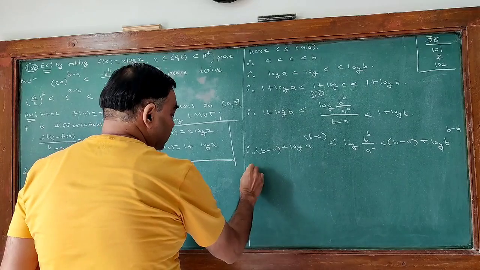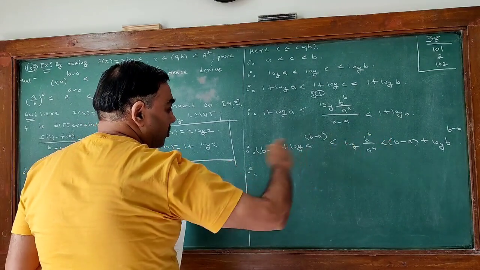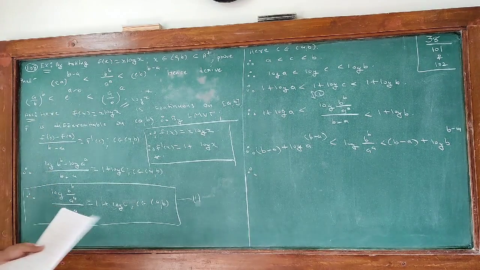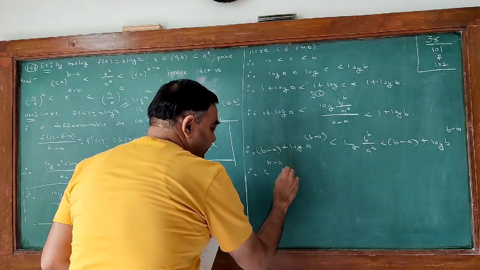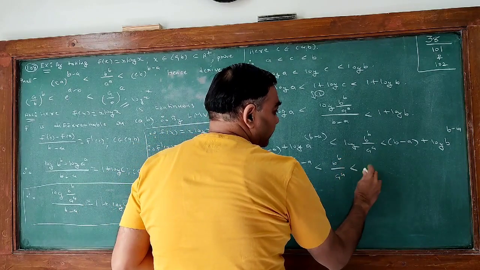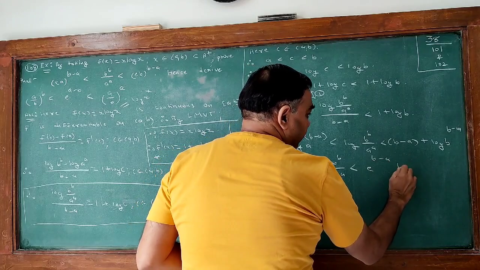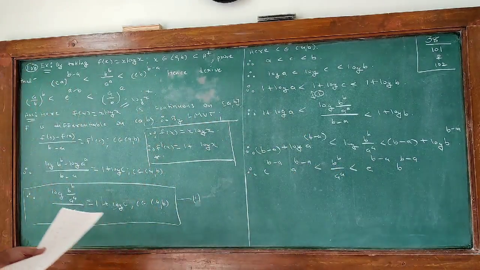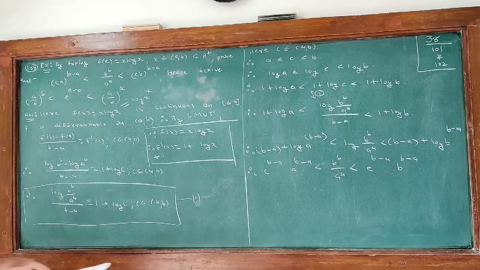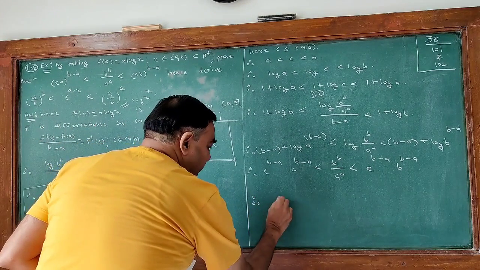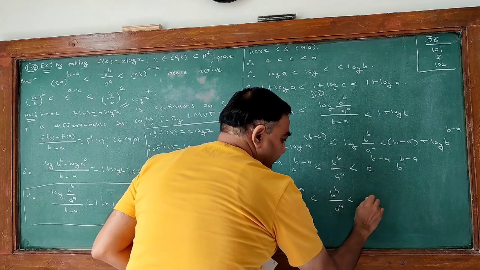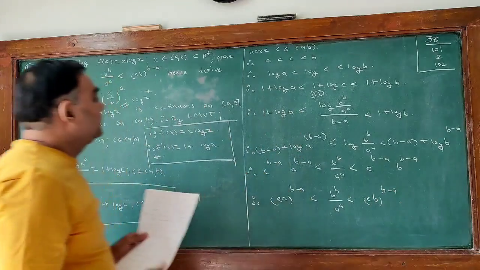Then I am taking E raised to. We have applied log anti-log over all these three terms, means we are taking this on the power of E. E raised to B minus A into A raised to B minus A is less than B raised to B upon A raised to A is less than B minus A into B raised to B minus A. So up to here you can see half of the answer, and therefore EA raised to B minus A is less than B raised to B upon A raised to A is less than EB raised to B minus A. So this is the half answer.